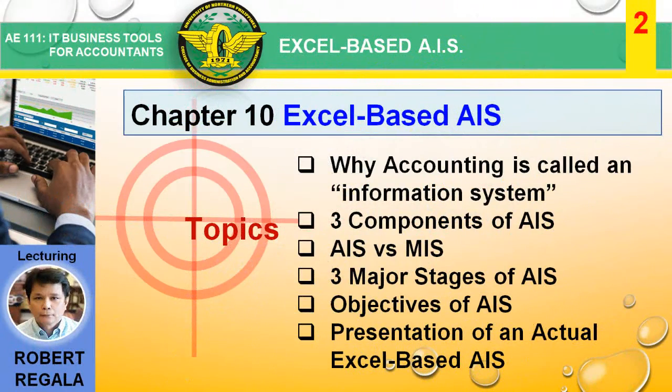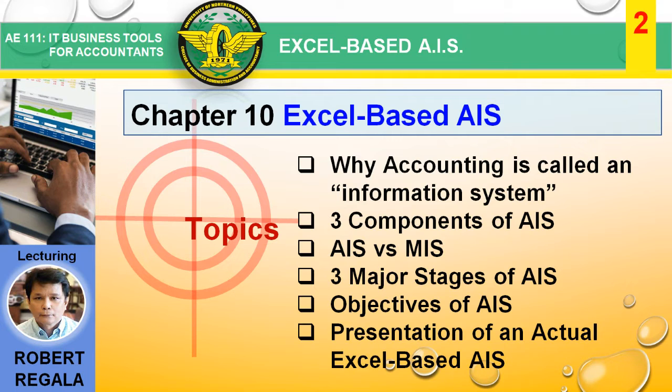The topics of this presentation start with the rationale why we can refer to accounting as an information system, or AIS. Then we will look at the three components of AIS. After that, we will be looking at how AIS is distinguished from MIS, or Management Information System.